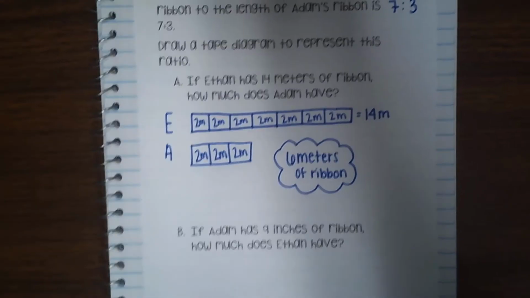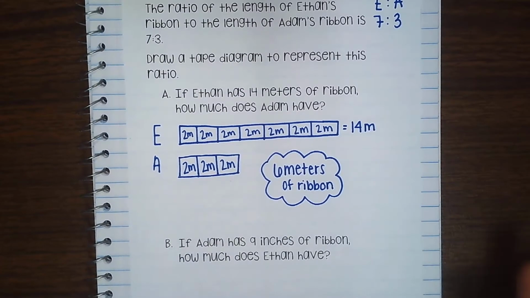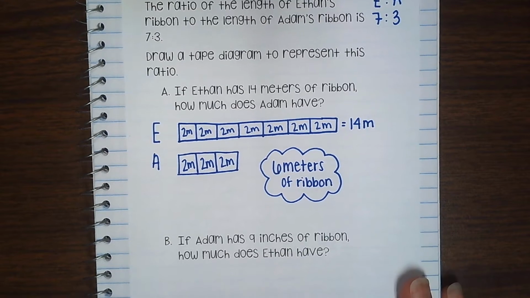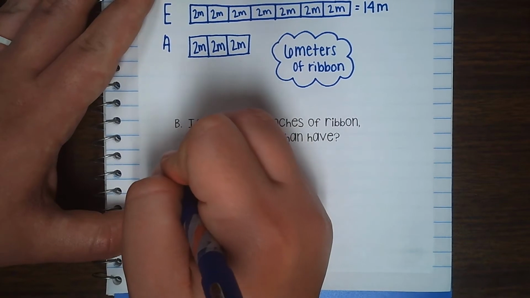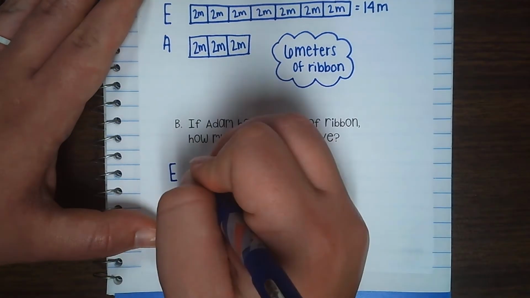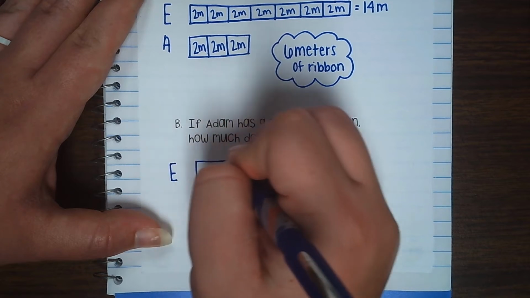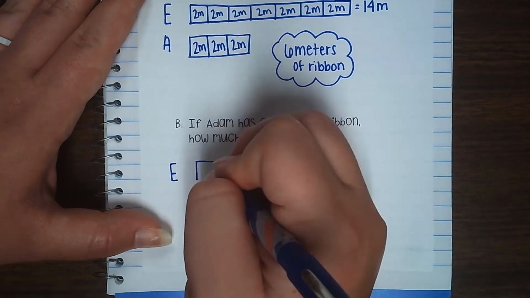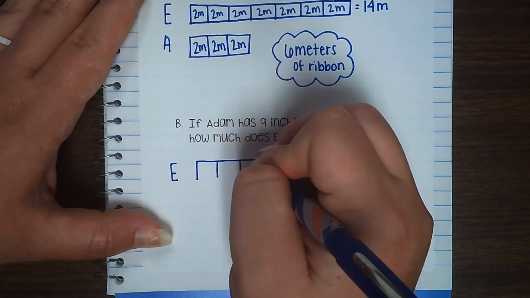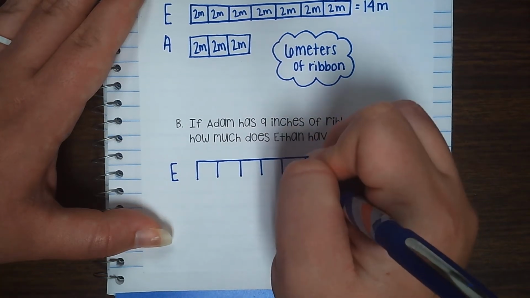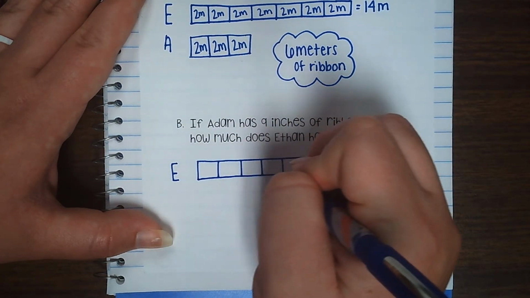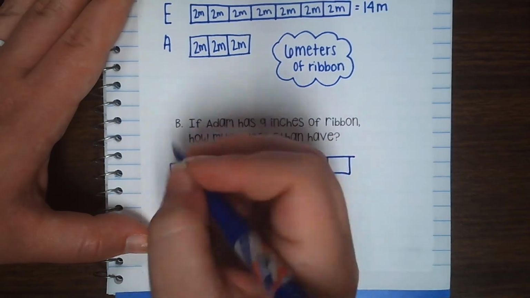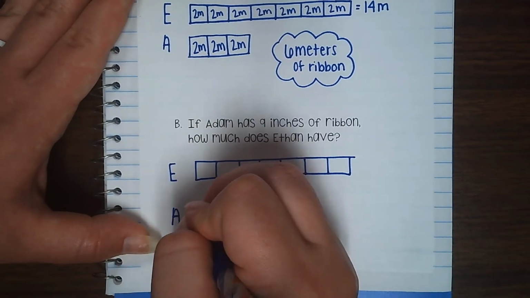Not too bad. Part B says if Adam has 9 inches of ribbon, how much does Ethan have? Okay, so we're going to draw the same model that we did before. Ethan has 7, and Adam has 3.